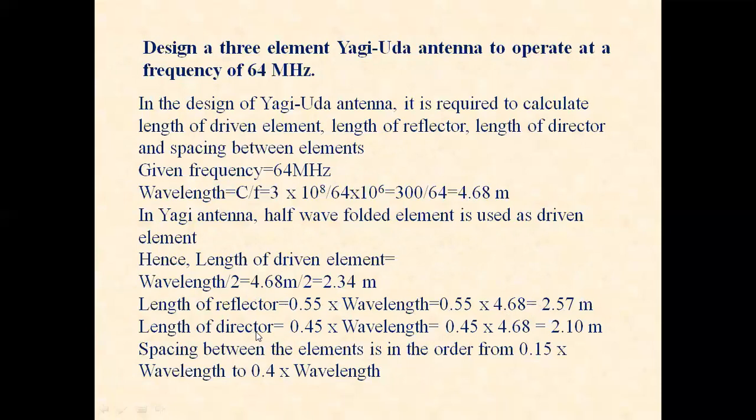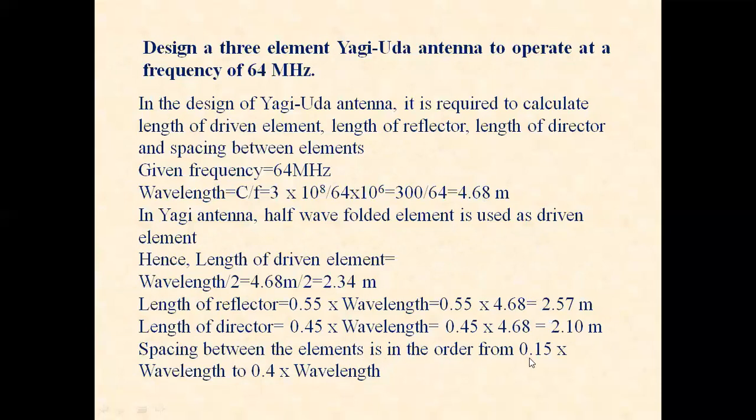Similarly, the length of the director is shorter than the driven element. Driven element length is 0.5 lambda, whereas the length of the director is 0.45 lambda. 0.45 into 4.68 is calculated here, so we are getting it as 2.10 meters.